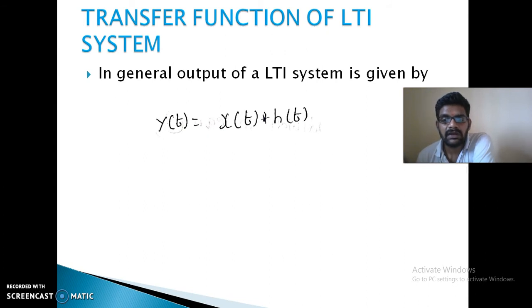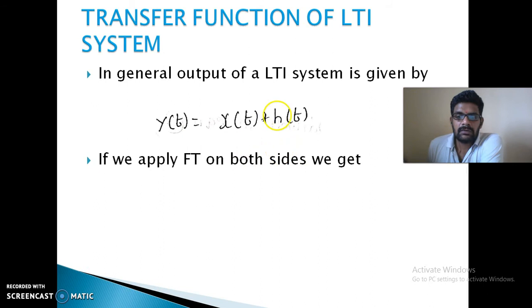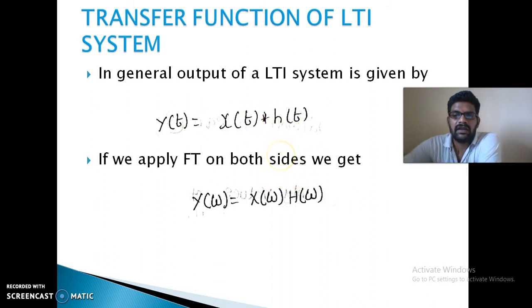It is the time domain function. Similarly for a discrete sequence, h of n is the impulse response of the discrete system. By taking the Fourier transform on both sides, y of omega is equal to the Fourier transform of x of t convoluted with h of t.